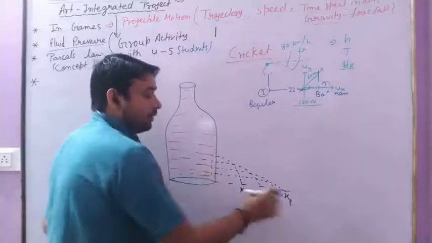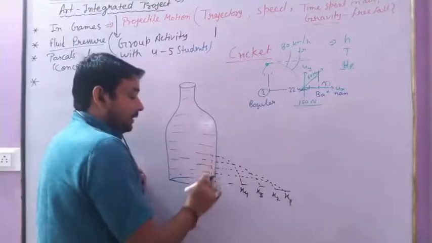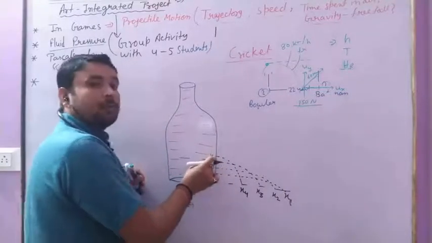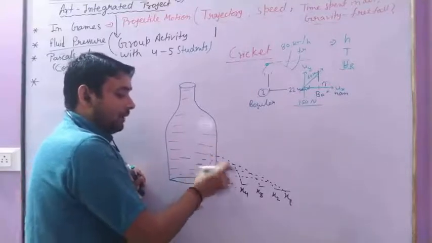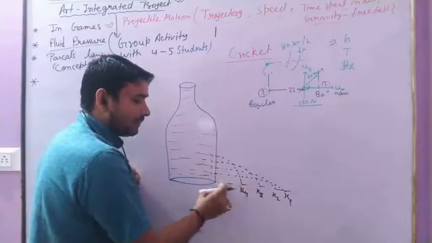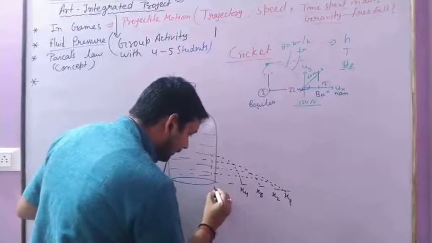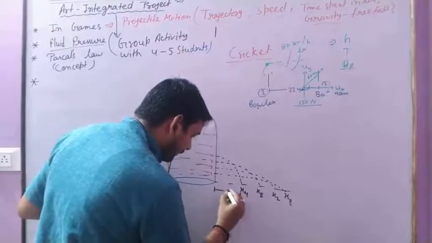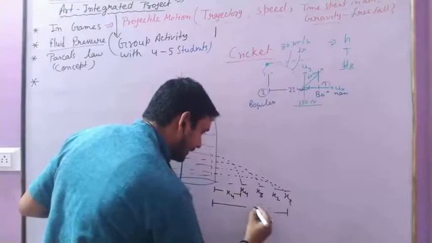the water coming out gets a maximum range, while the hole very far from the bottom has water coming out very near. This is x4 distance and this is x1.